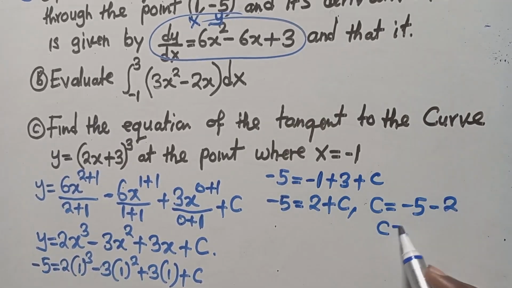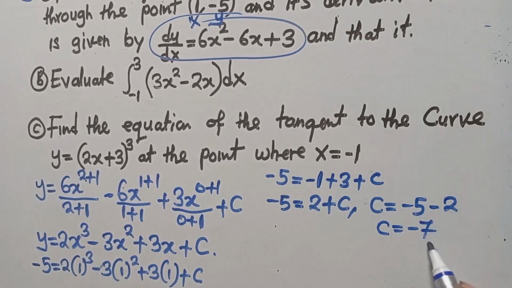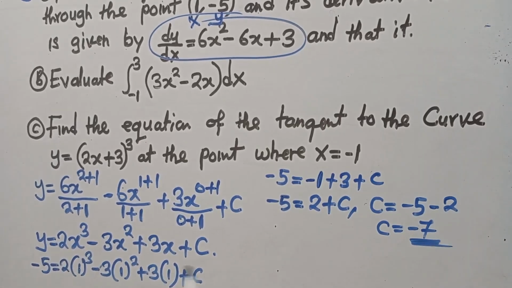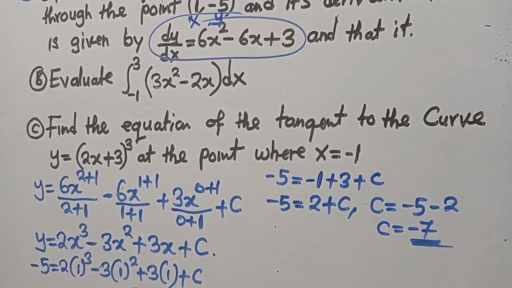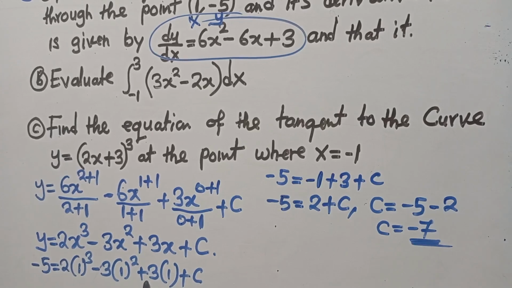So c is now equal to negative 7. So c is equal to negative 7 if I add there. So meaning that, I guess you are able to see, when we add this, this is 5 minus 3, that is 2.